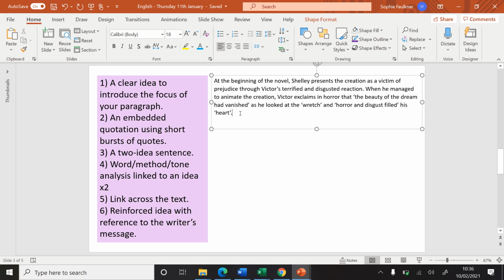Now it's time for my 2 idea sentence. So this not only conveys Victor's unjustified, I would say, prejudice at this point. He doesn't know this creation, but his instant reaction is quite harmful.